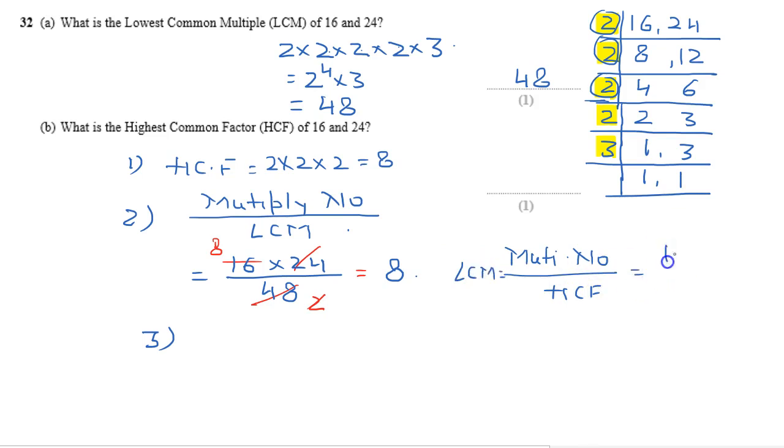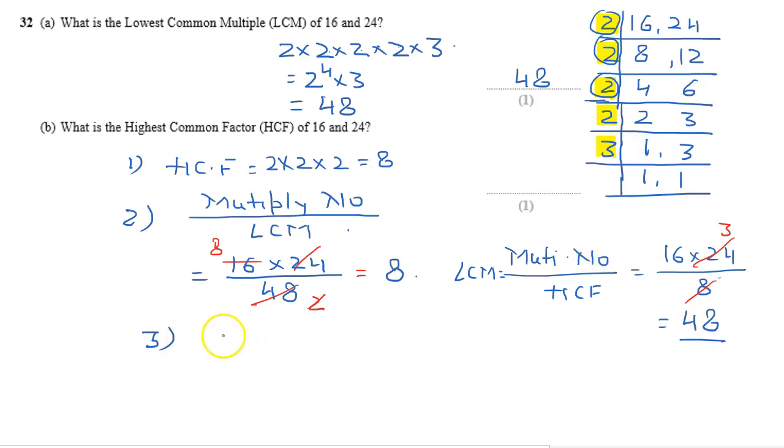So multiply 16 multiply 24 and we divide it by HCF, which is 8. Now 8 times 3 is 24 and 16 times 3 is 48. So if you know HCF, you can find LCM. If you know LCM, you can find HCF.